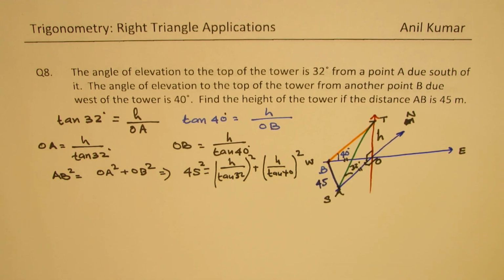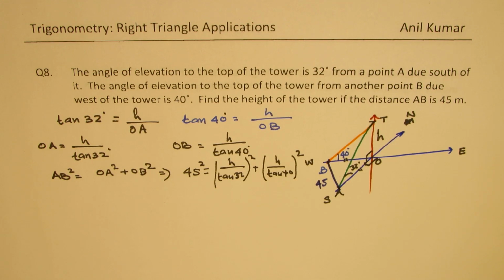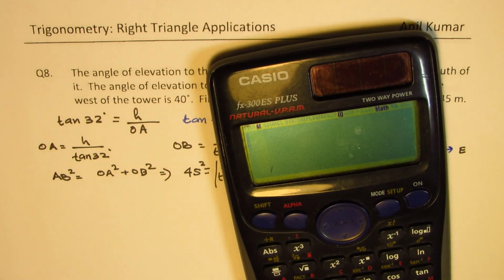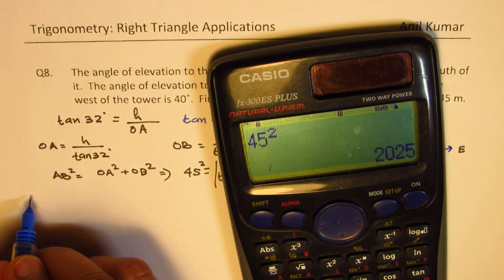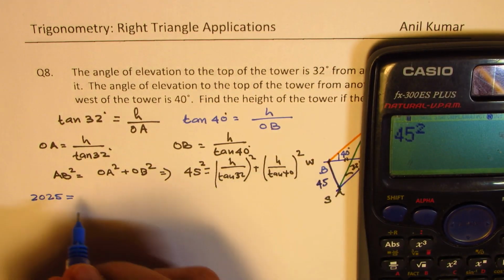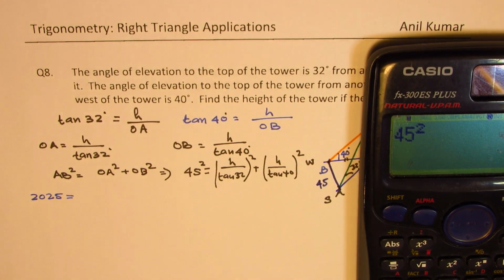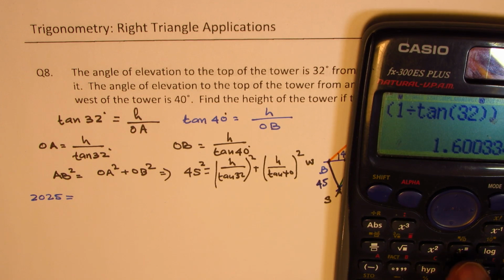So let's find that answer, right? What I will do here is rewrite this as 45 square equals 2025. So 2025 is equal to h square times 1 over tan 32 square. So we'll do 1 divided by tan 32 and we'll square this.